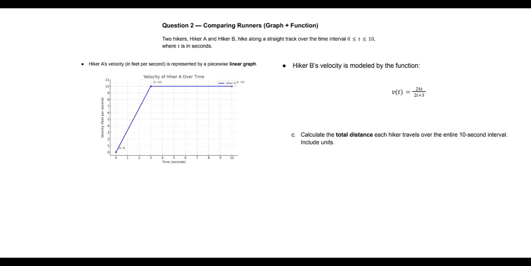Part C says calculate the total distance each hiker travels over the entire 10-second interval. Include units. Well, okay, we have velocity over here. We're trying to find the total distance. So really what we're going to end up doing here is we're going to be integrating hiker A's velocity here. Because if you do the definite integral of velocity, you're going to get the total distance.